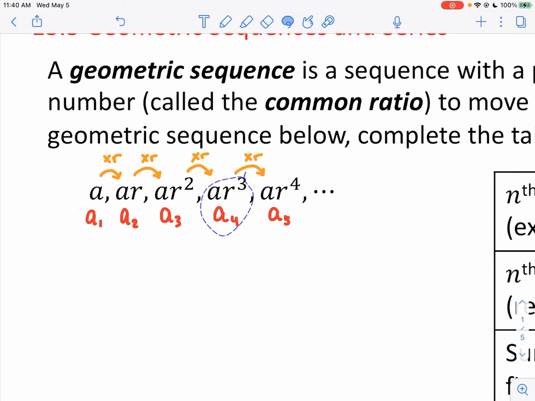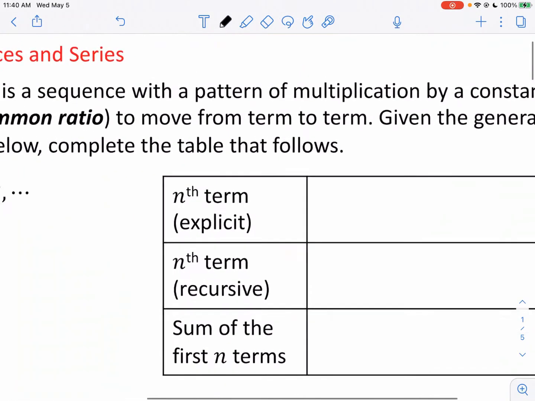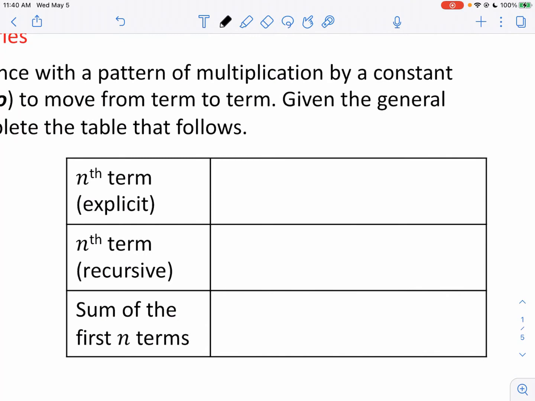And that's consistent across the board, telling me that I can create a general explicit formula by saying the following, that the nth term of the geometric sequence will be equal to the first term, A, times the ratio, but raised to one number less than the term that we're on. So A times R raised to the n minus 1. And this will produce all of the terms of a geometric sequence, provided you know what the first term is and you know what the ratio is.